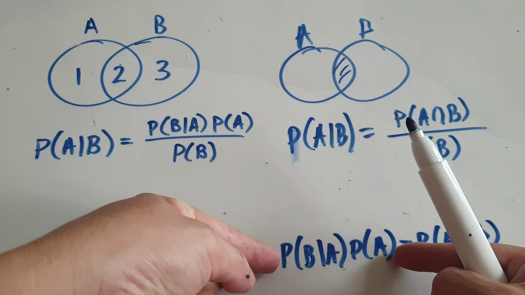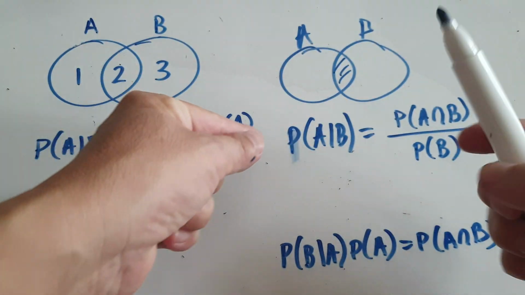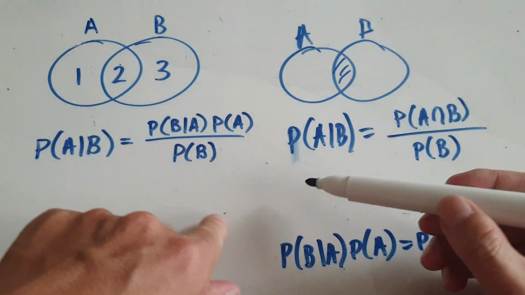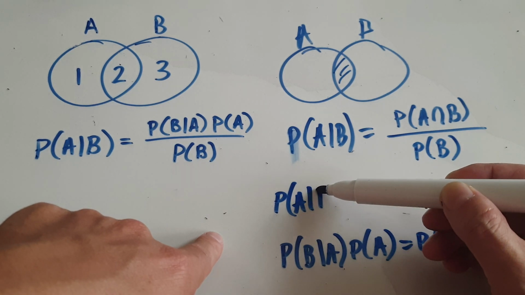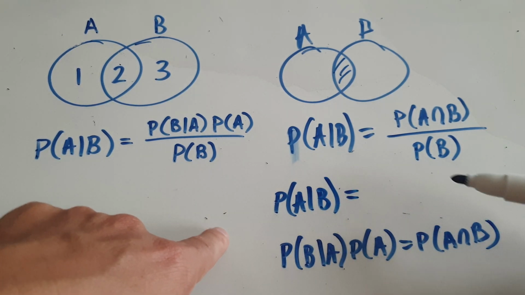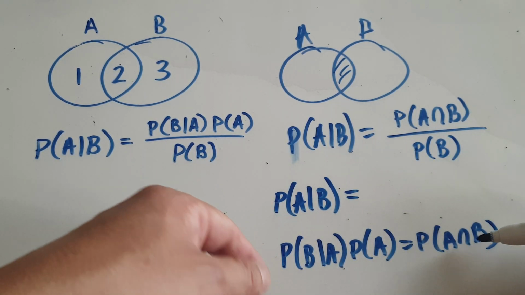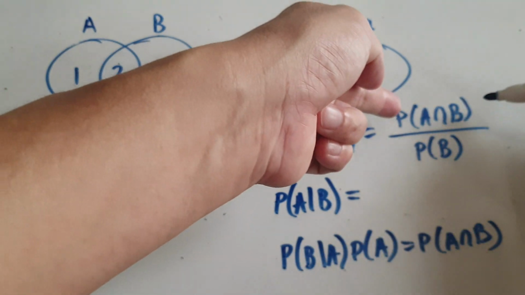So I can just put the whole thing into here. The probability of A occurring given that B has already occurred equals, don't forget this is the same as this, so I'm just going to put the whole thing here into here.